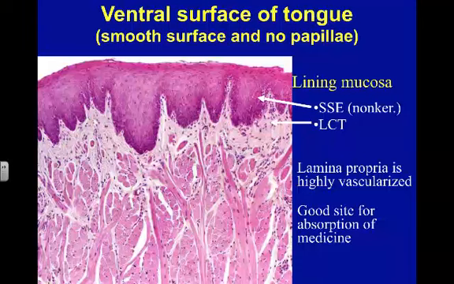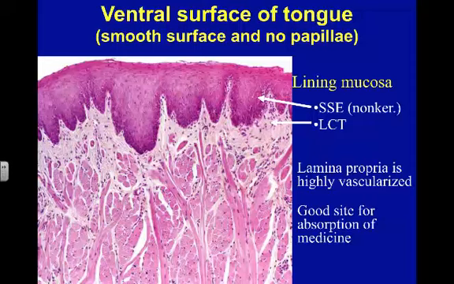On the ventral surface of the tongue, you have stratified squamous epithelium. It's also good for absorption, but remember, you really want the bottom of the ventral surface of the tongue and the floor of the oral cavity.